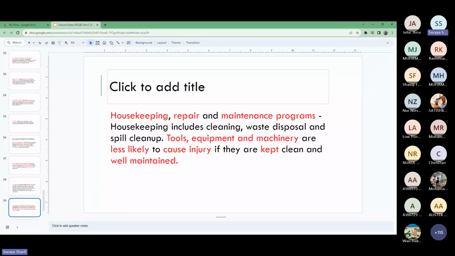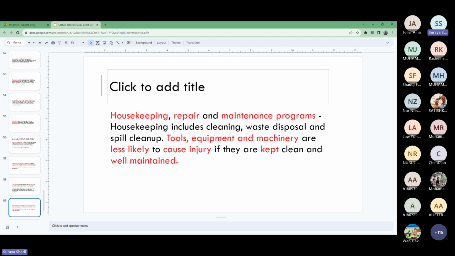That is why in workshop, for example, or in lab, you can see all the tools should be put in their place. For example, once we used any tools, let's say hammer or anything, after finish using, we need to put it back to the original place.